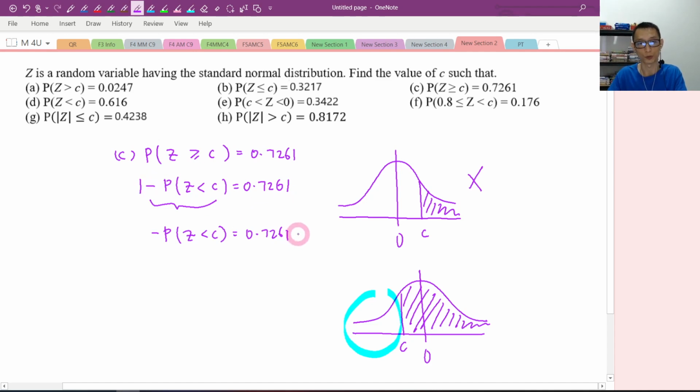This for the left, move to right, minus. Okay, remember to write the negative sign. Okay, this one just press your calculator, 0.7261 minus 1. Okay, you will get negative 0.2739. So both sides we have a negative sign, we just multiply both sides by negative 1, so we will be able to get rid of the negative sign.